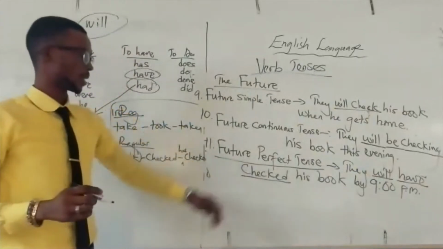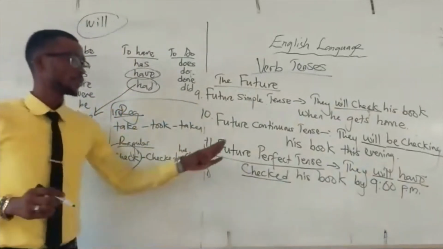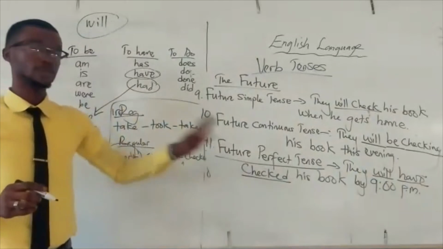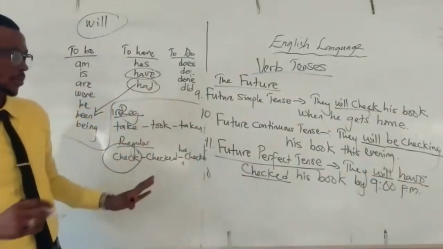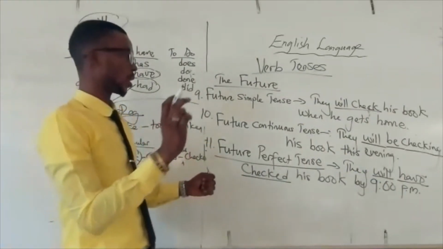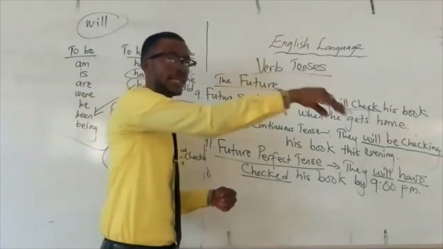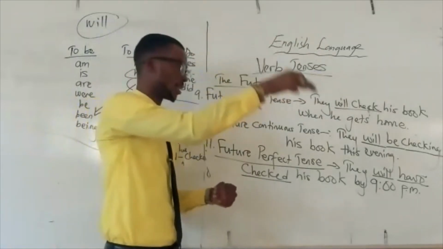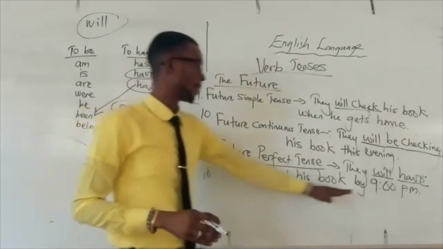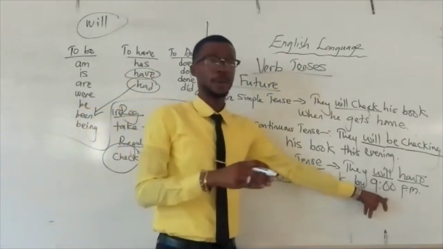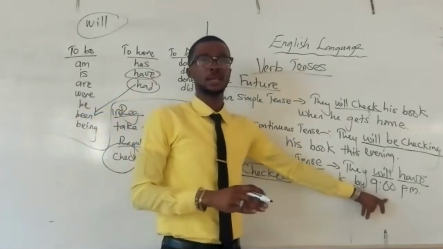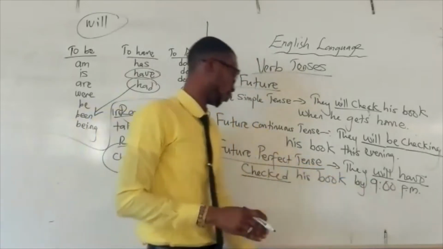So that is a past participle form of the verb. They will have checked his book by 9 p.m. It talks about an action that is supposed to take place in future and that might have ended at a particular time in the future. That's what I said, by 9 p.m. So by 9 p.m. it's expected that they should have completed checking his book.